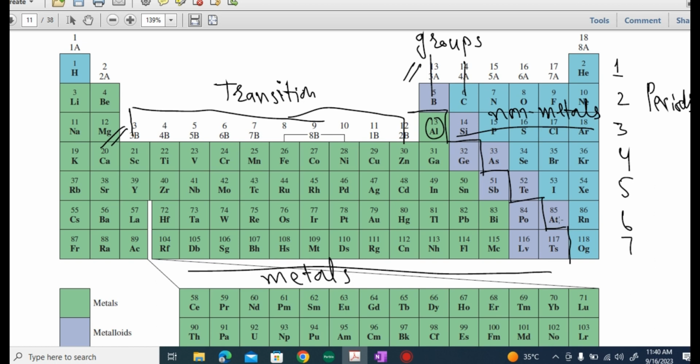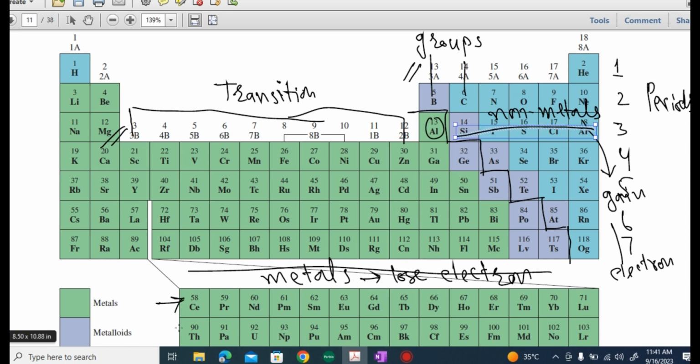One more important thing: metals always lose electrons, so they form positively charged ions, whereas non-metals always gain electrons. So they behave oppositely. Understood? Metals always lose, whereas non-metals always gain.